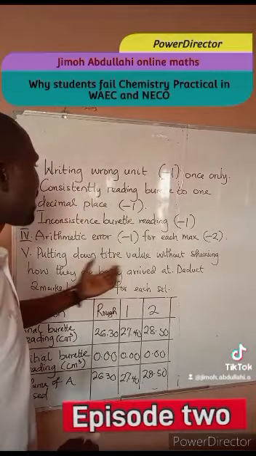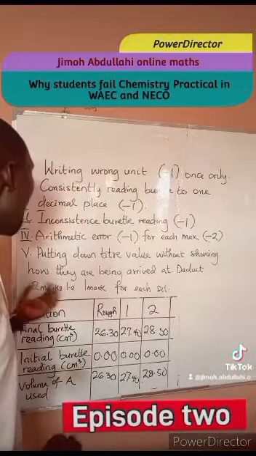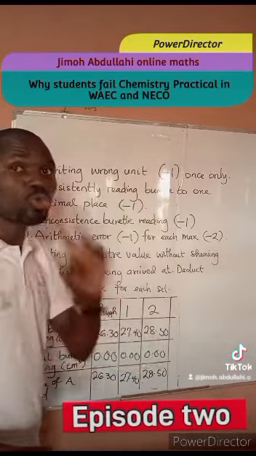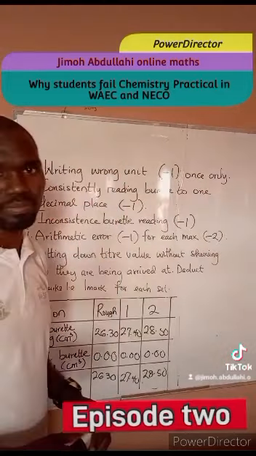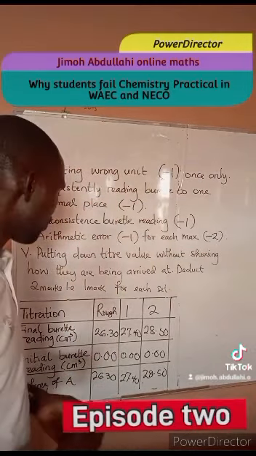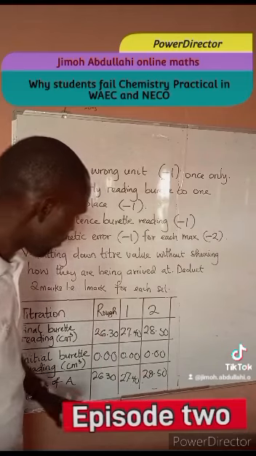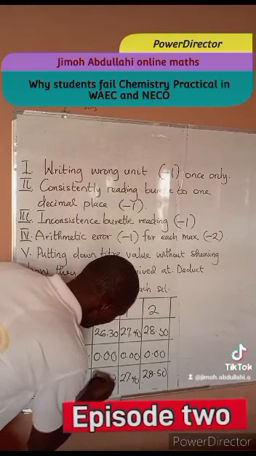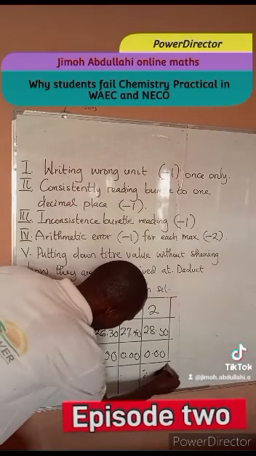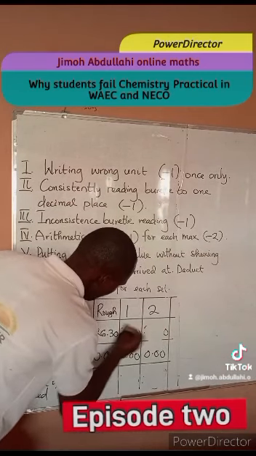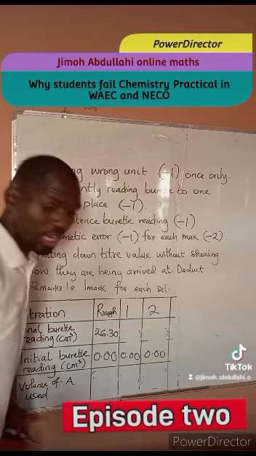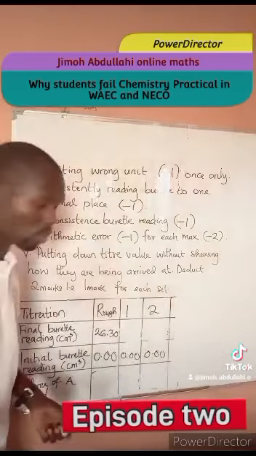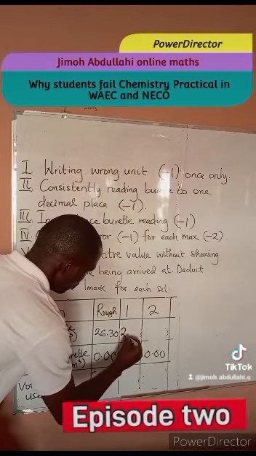Then the next thing is putting down titre value without showing how they have been arrived at. So the examiner will deduct 2 marks, 1 mark for each. You understand? So what that means is that, for example, you see here on the table, I have 26.3, which is not even a correct reading. The correct reading should be, if this is my rough, let's say the next one I do, I can get 26.10.